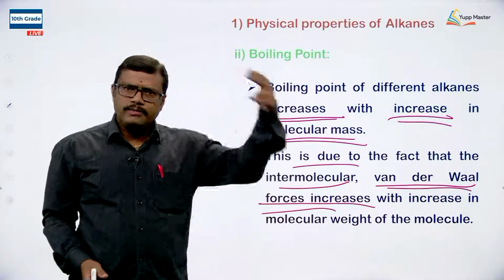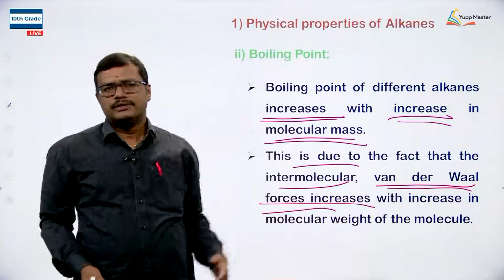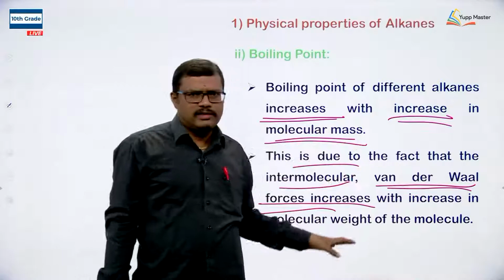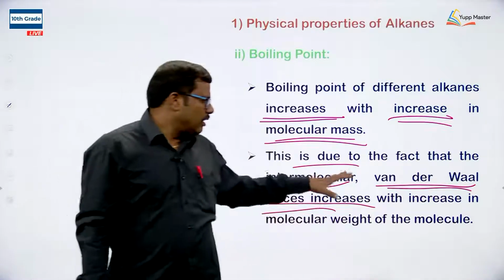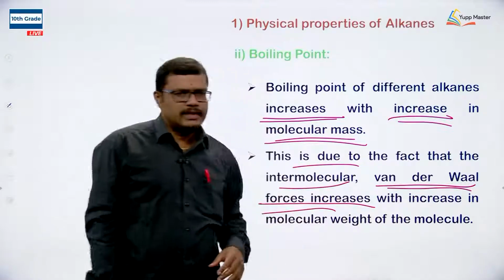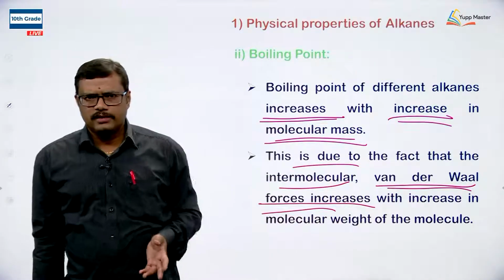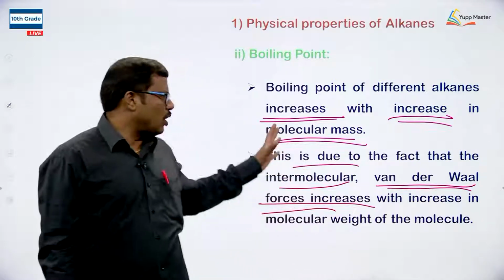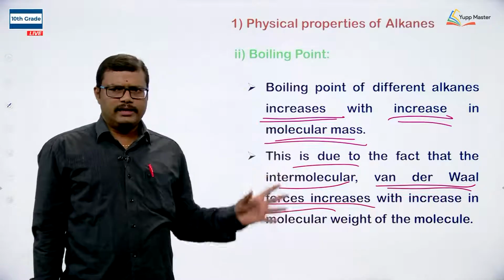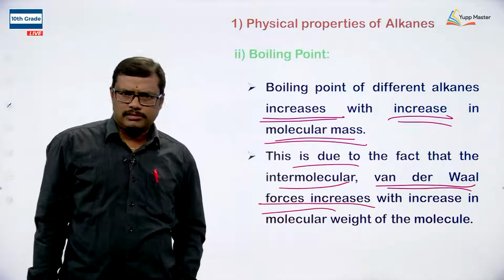In order to overcome them, I have to supply heat, so the temperature has to be increased. Therefore, as the attractive forces increase, the boiling points of the alkanes increase. This is how we can explain why different alkanes have different boiling points, increasing with the increase in molecular mass.